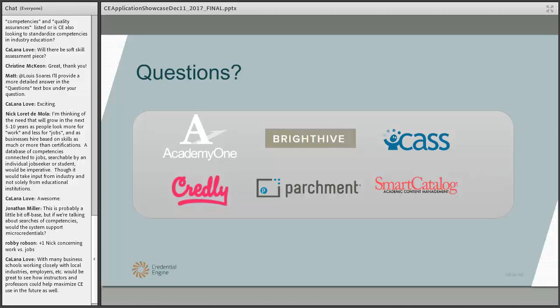So another question that came in is, since degree programs, certification programs, MOOCs, curriculum are unique, does Credential Engine data reflect competencies and quality assurances listed, or is Credential Engine also looking to standardize competencies in industry education?